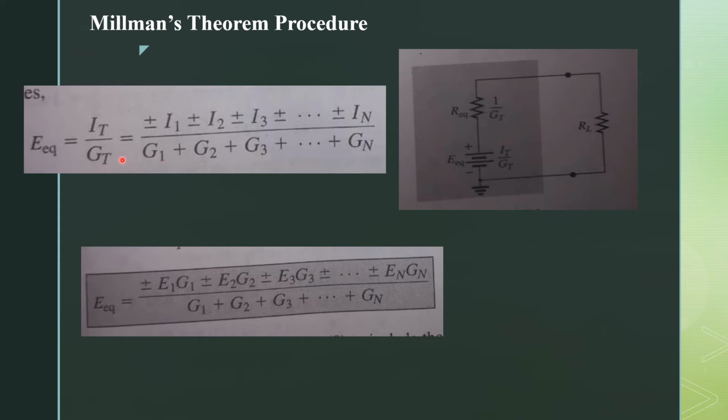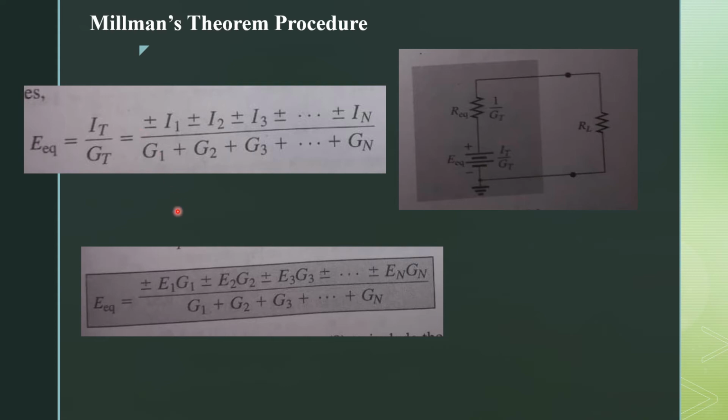Now, if you have multiple current sources in the circuit and multiple internal resistances of those sources, you can write the equation as I1 plus minus I2 plus minus I3 up to plus minus IN, and similarly for the conductance, G1 plus G2 plus G3 up to n number of conductances. The plus minus sign indicates the direction of the current, either upward or downward, either entering the node or leaving the node.